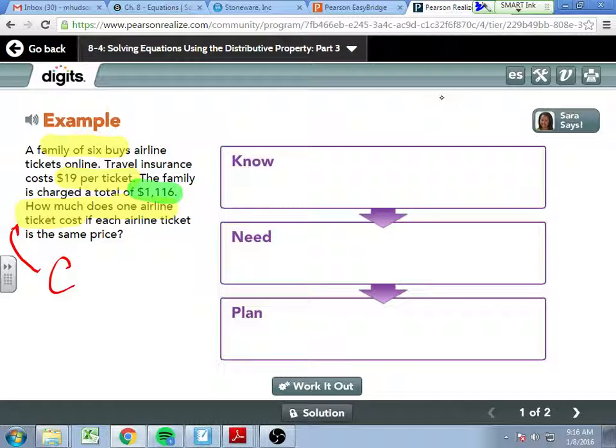We're going to buy 6 tickets, and insurance for each ticket. I'm just going to abbreviate that INS for insurance, and that will equal my total. Sorry, it's supposed to be like an ampersand, but I can't draw it. So I mean, we could just say plus.